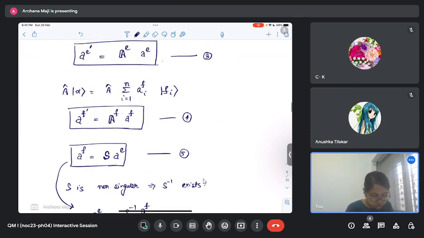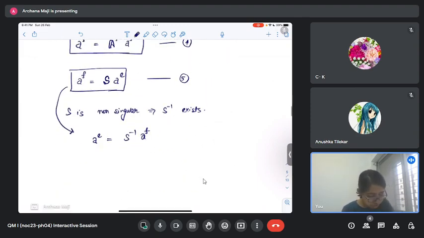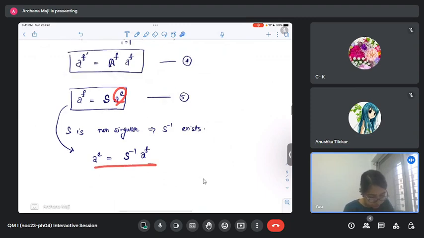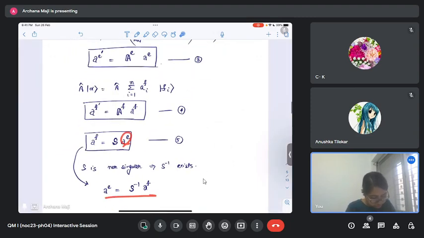So these are all matrices. I am using a different notation for A just to emphasize that these are all matrices. So this A in E basis is related like this, and then you can substitute it here in equation 3.